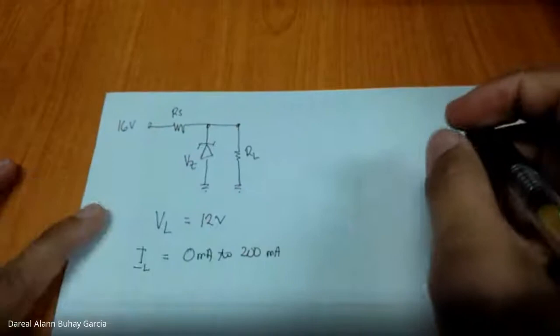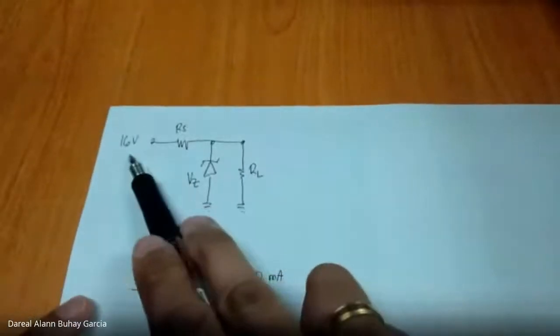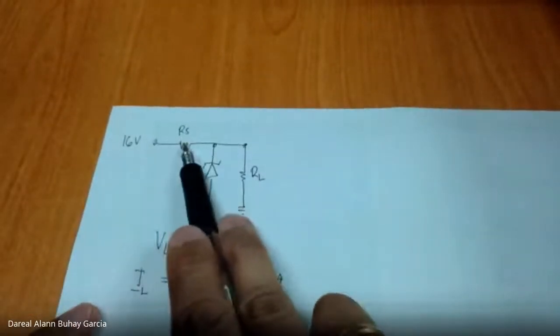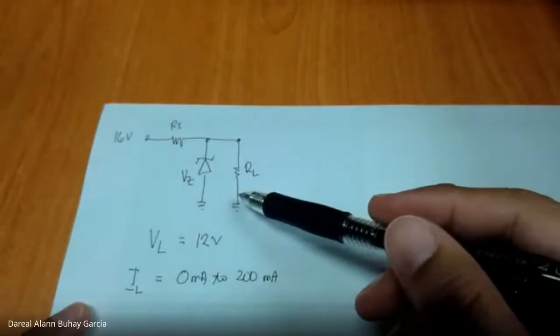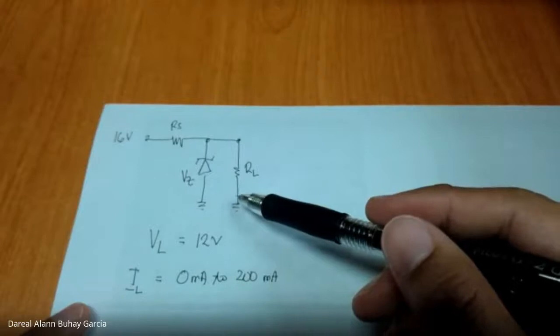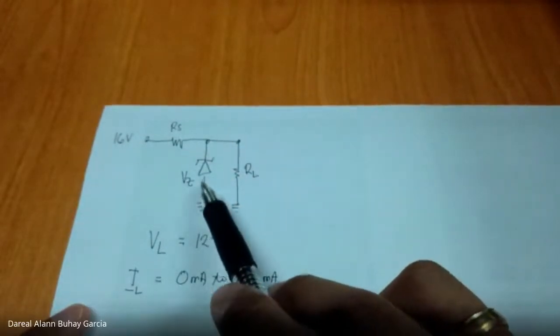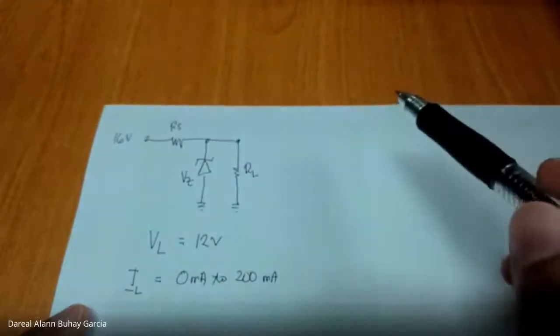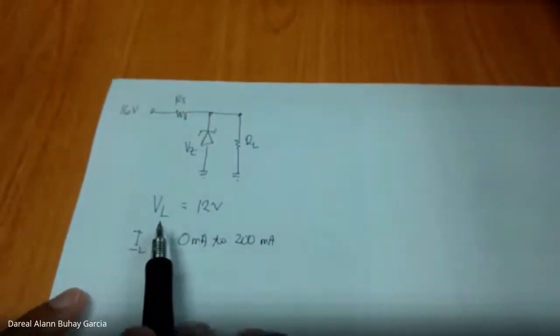Okay. Kaya naman siguro niya, pero sila, solve na to. So ang circuit, 16 volts, RS is unknown, RL is also unknown, VZ. Ang parameters, no?